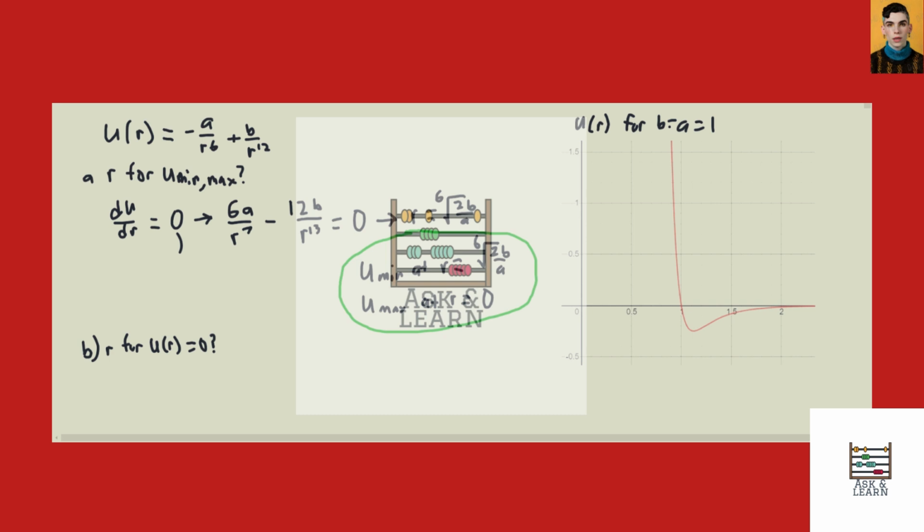That's pretty simple. We'll just say A over R to the 6th equals B over R to the 12th, right?